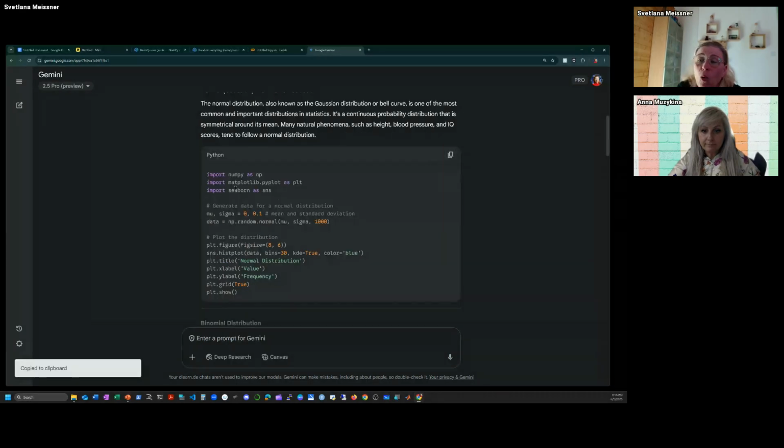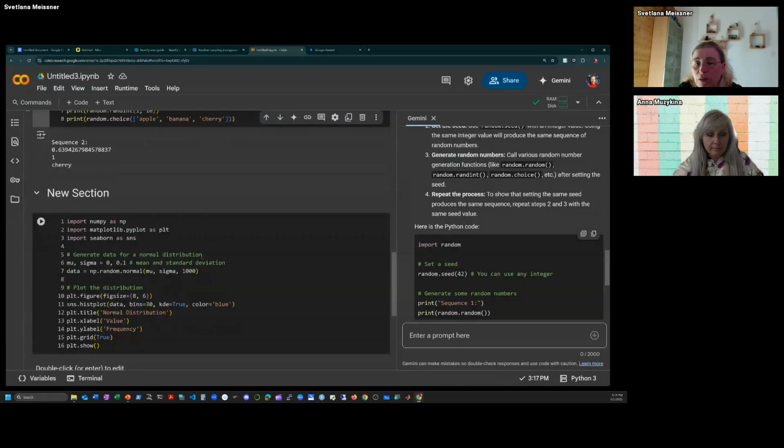Now we are calling the libraries matplotlib for the plots, Seaborn also for colors, and NumPy to generate these random numbers. This NumPy is the part that generates random numbers for us.